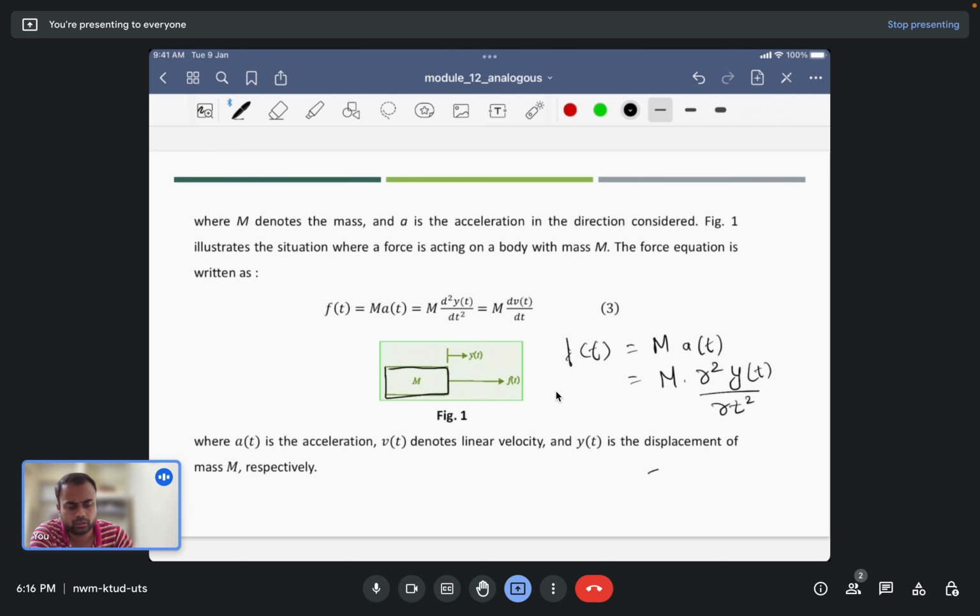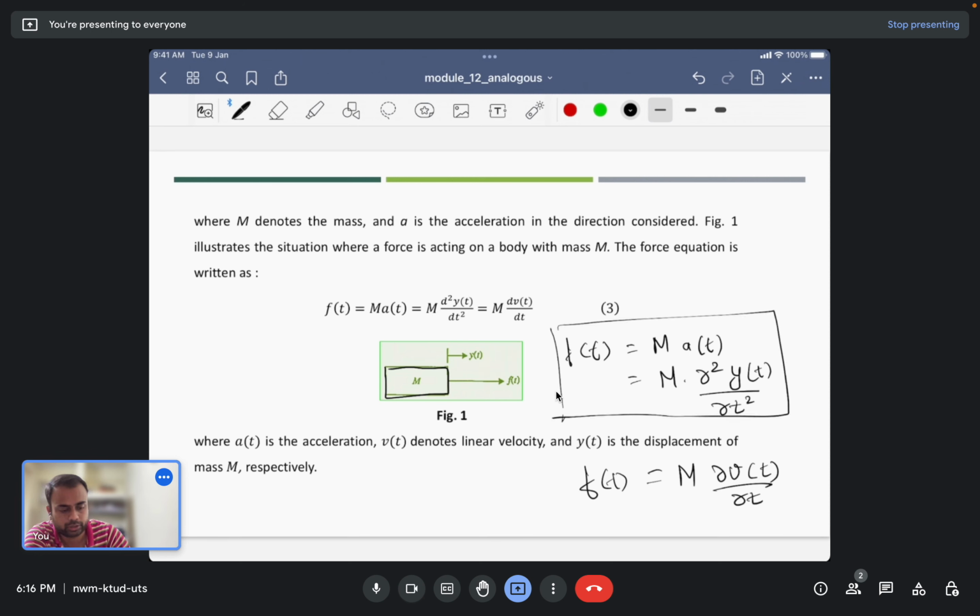This can also be written in terms of velocity as m into dou v of t by dou t. So these are the two differential equations. The first one is a second order equation, and this one is rather a first order equation.